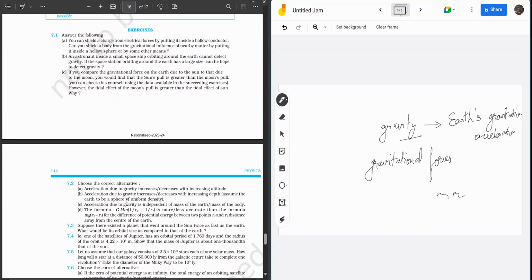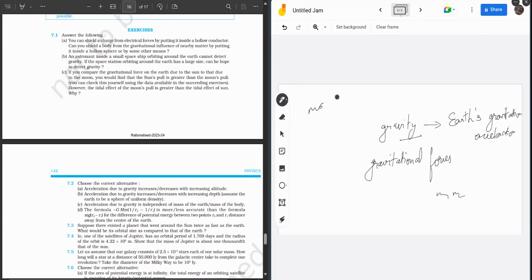Okay, next, the formula G M m into (1 by r2 minus 1 by r1) is more or less accurate than the formula mg (r2 minus r1) for the difference of potential energy between 2 points r2 and r1 distance away from center of earth. Okay, so అది more అవుతుంది.